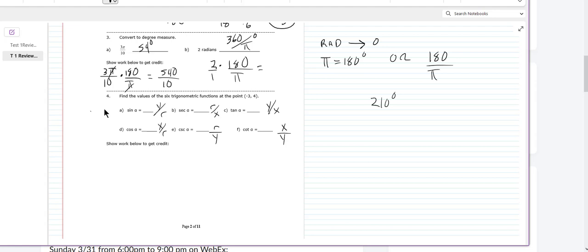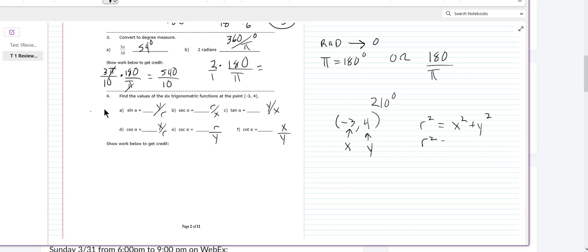Okay, so in this problem, since I gave you the point -3, 4, I've given you that x is -3, and y is 4. What I have to do now is find r. The relationship between x, y, and r comes from the Pythagorean theorem. So if I give you x and y in a point, you also have to find r.